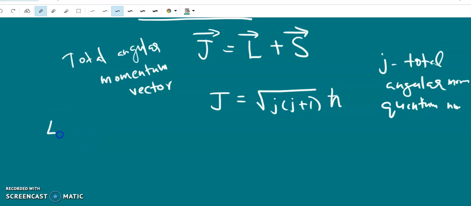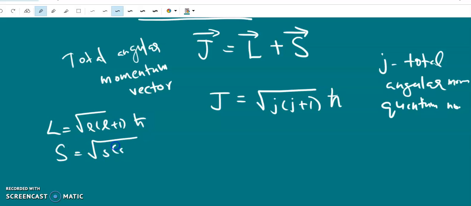As we said earlier, L is equal to root of l into l plus 1 times h-cross, and S is equal to root of s into s plus 1 times h-cross. J is analogous to this. Similarly Lz is equal to ml times h-cross, and Sz is equal to ms times h-cross.